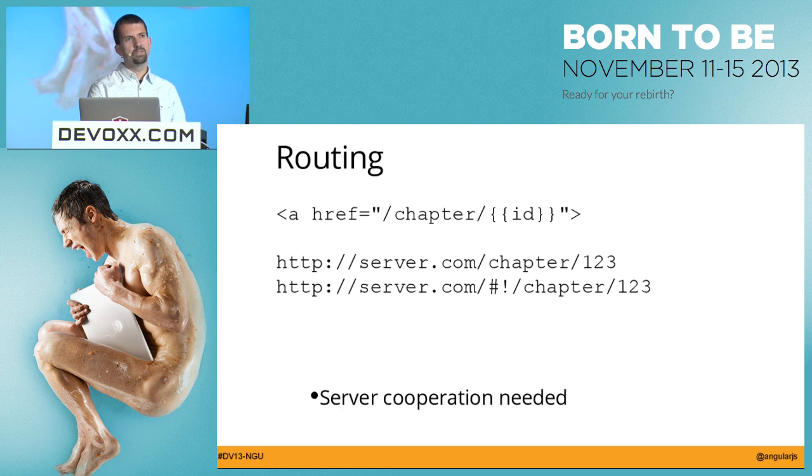And so when you're expressing yourself as /chapter, whatever, we can detect which browser you have, and if the server is cooperating, we can properly render the right thing. What it means is that if you are in a browser that supports HTML5, all of your links will look without hashbang.